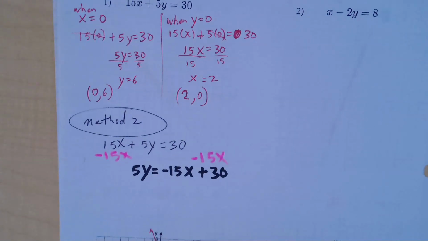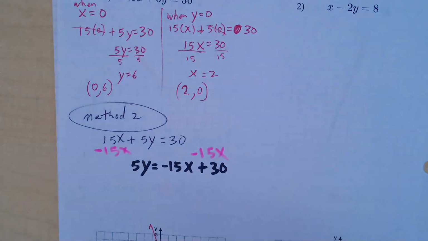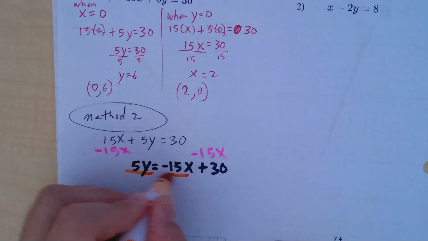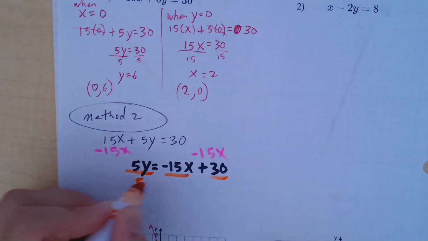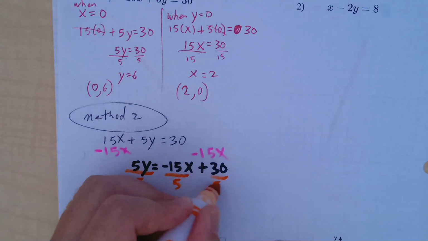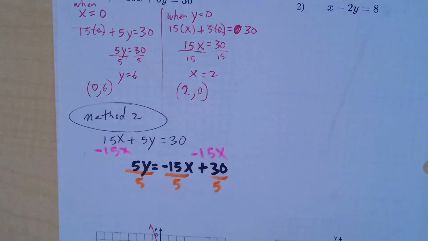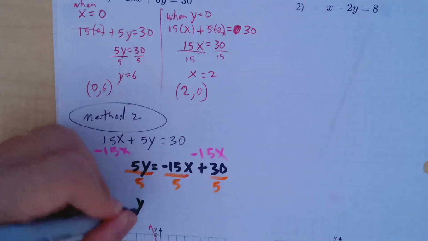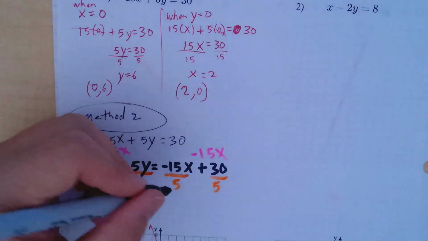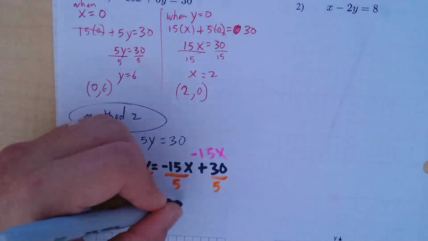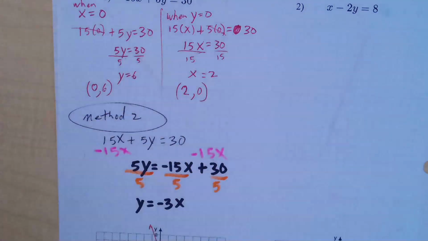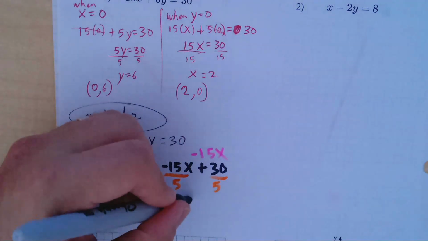And now we're going to make it into slope-intercept form. So now the next step is we can divide everything by 5. And then I get y equals 15 divided by 5. That is, we're going to have negative 3x, and 30 divided by 5 is 6.